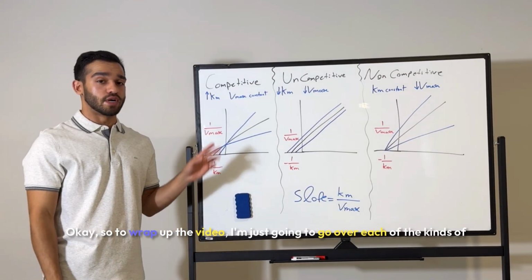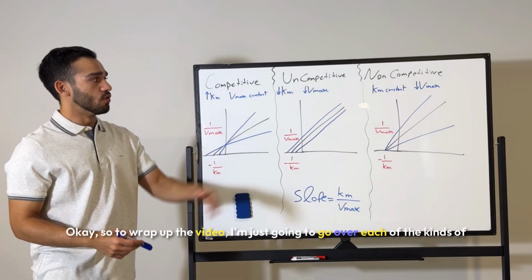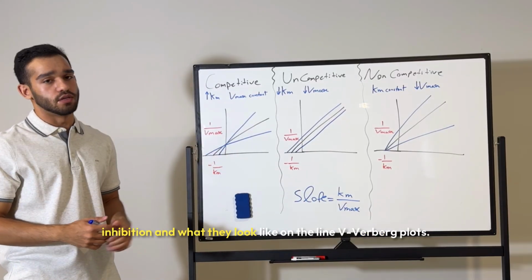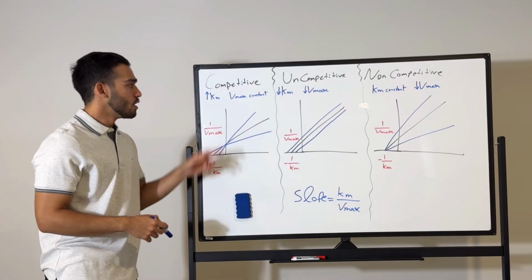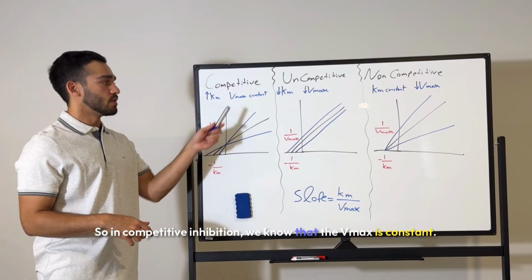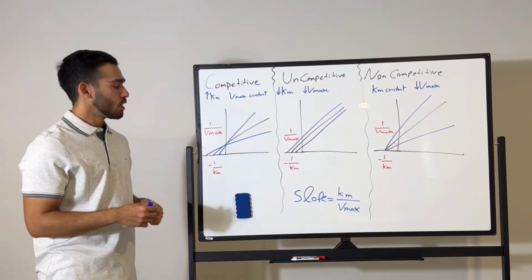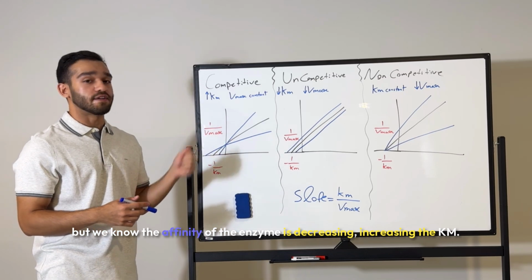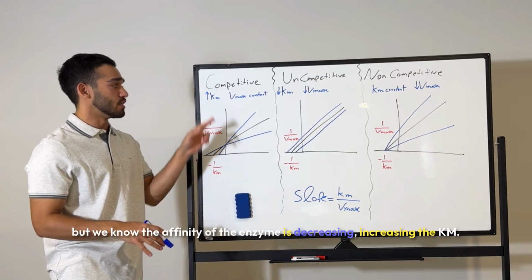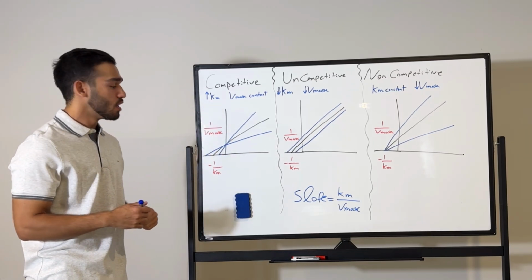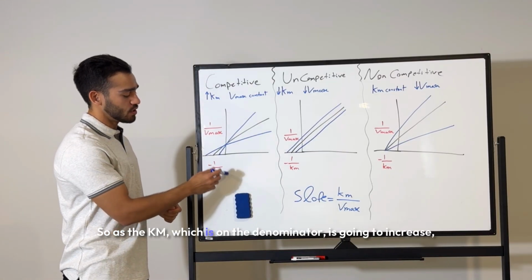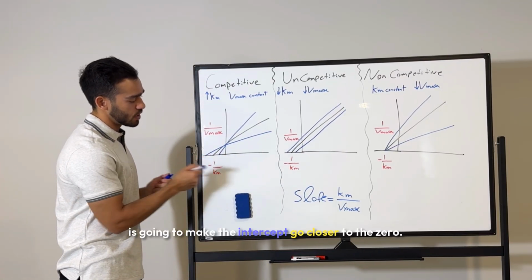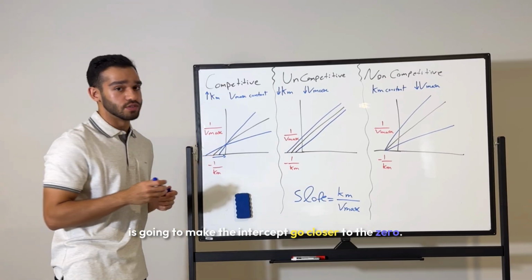Okay, so to wrap up the video, I'm just going to go over each of the kinds of inhibition and what they look like on the Lineweaver-Burk plots. So in competitive inhibition, we know that the Vmax is constant. So the y-intercept is never going to change. But we know the affinity of the enzyme is decreasing, increasing the Km. So as the Km, which is in the denominator, is going to increase, it's going to make the intercept go closer to the zero.